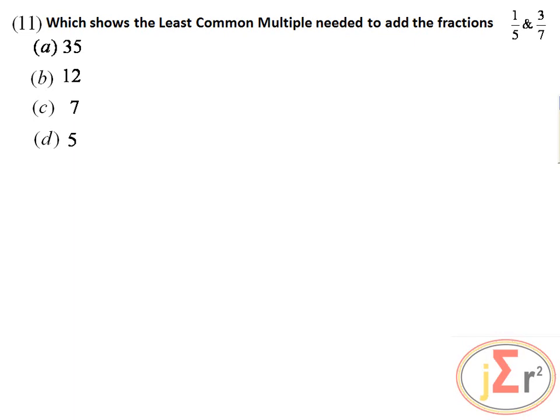Because when we are adding fractions, we need to take the lowest common multiple of the denominators. So we focus on the denominators and we take the least common multiple of the denominators.